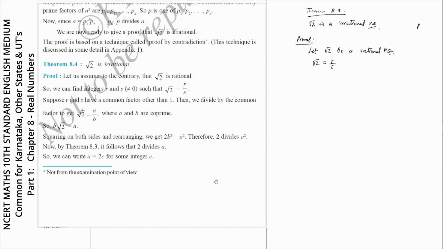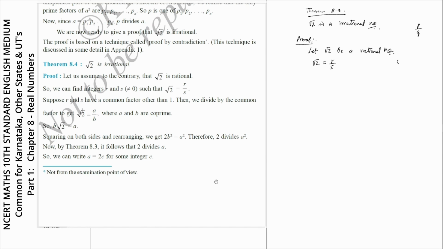What is a rational number? A rational number is any number in the form of p by q, where both p and q are integers and q is not equal to 0. Since root 2 is a rational number, I can equate it to r by s. Now, any integer can be written as a product of prime numbers.